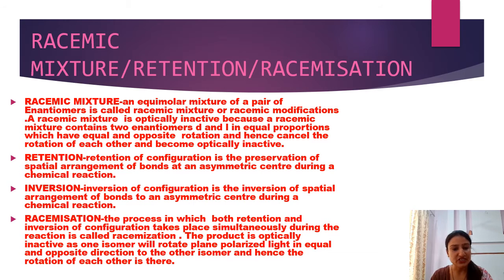Next is racemization. The process in which both retention and inversion of configuration take place simultaneously during the reaction is known as racemization. The product is optically inactive as one isomer will rotate plane polarized light in equal and opposite direction to the other isomer. Hence, the rotation of each other is cancelled.